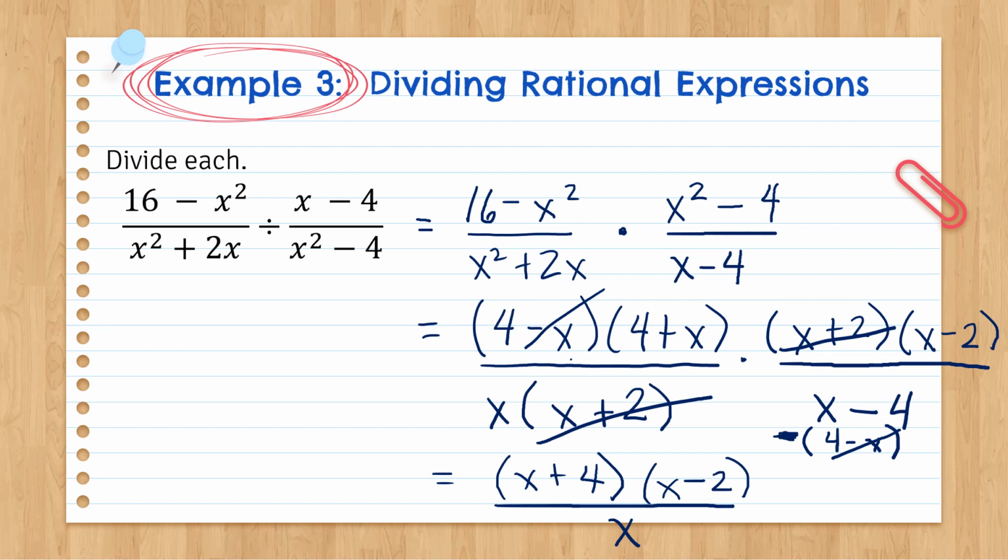So we also write negative on our final answer. You may place it here on the denominator beside x, or technically, we usually write the negative sign at the middle. So that is dividing rational expressions.